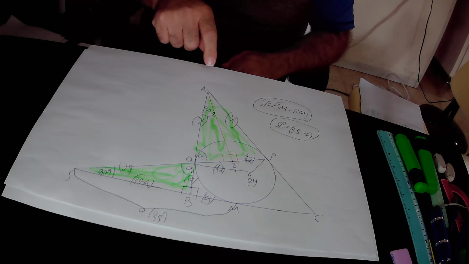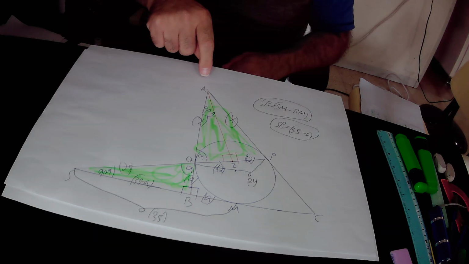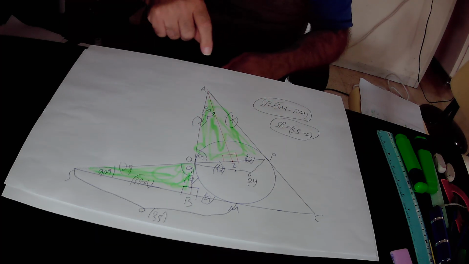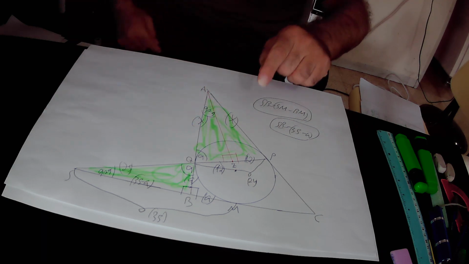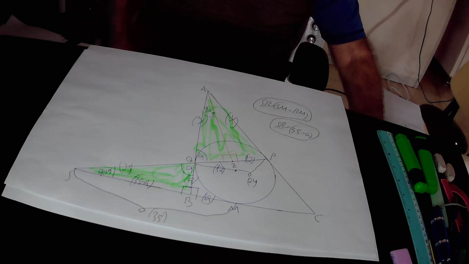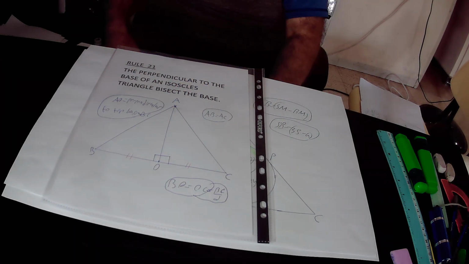From point A, we draw the perpendicular AZ to the base QP. So this angle equals 90 degrees, and this angle also equals 90 degrees according to our construction. So here we can implement rule 21. According to rule 21, the perpendicular to the base of an isosceles triangle bisects the base.